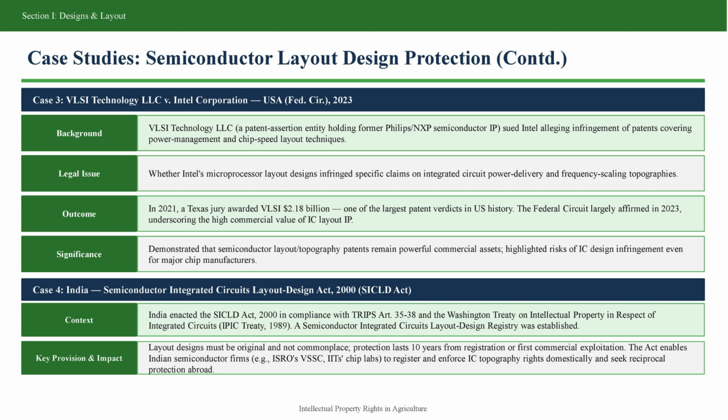Under legal issue, whether Intel's microprocessor layout designs infringed specific claims on integrated circuit power delivery and frequency scaling topographies. Under outcome, in 2021, a Texas jury awarded VLSI $2.18 billion, one of the largest patent verdicts in U.S. history. The Federal Circuit largely affirmed in 2023, underscoring the high commercial value of IC layout IP.